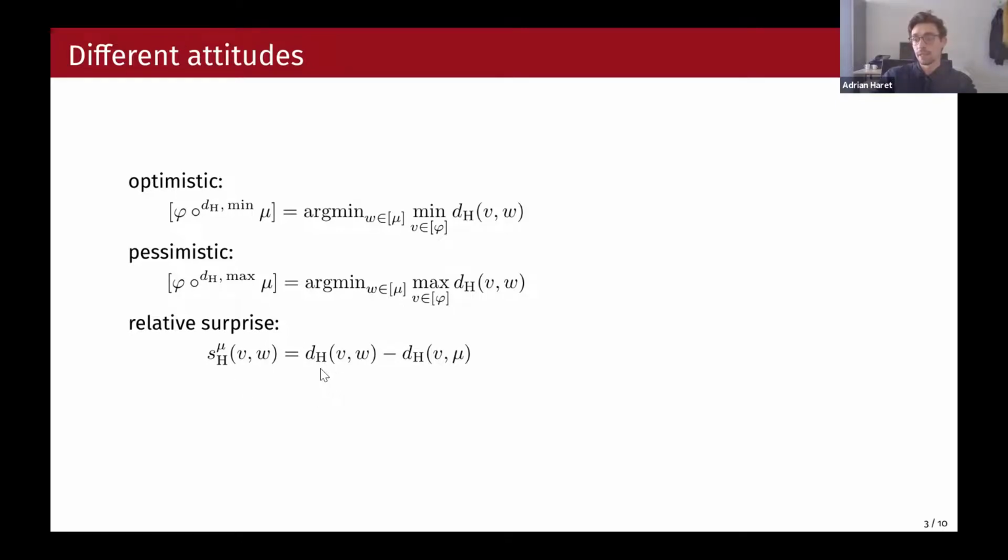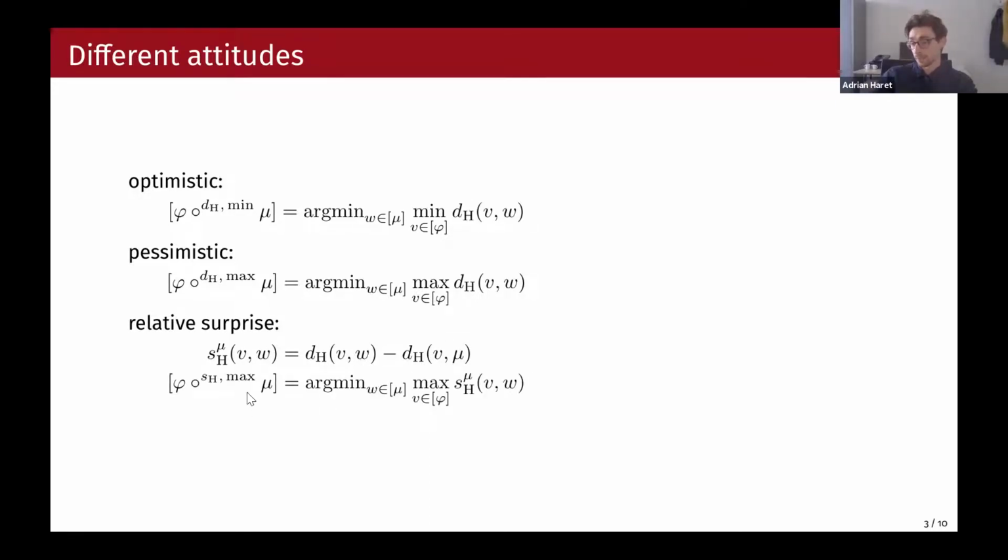And it's simply the relative surprise between 2 interpretations is the Hamming distance between them, from which we subtract the distance from V to mu. So this is the minimal distance from V to any model of mu.